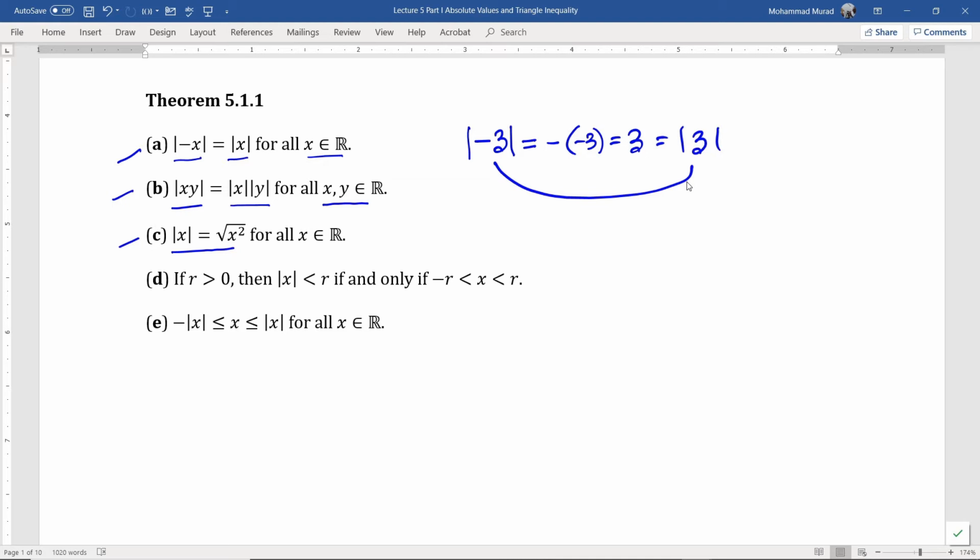For example, the non-negative square root of 3 squared is 3, or the non-negative square root of negative 4 squared equals the non-negative square root of 16, which equals positive 4, which is equal to the absolute value of negative 4.